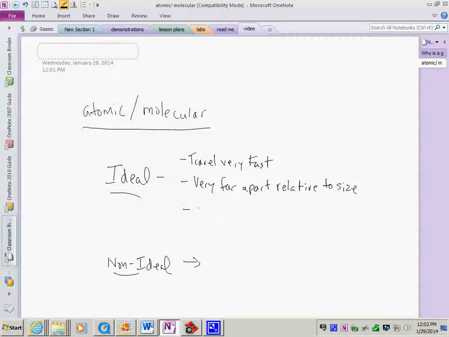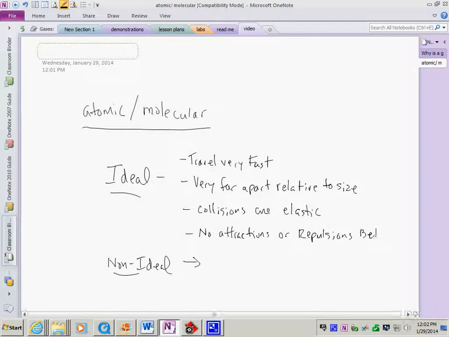Their collisions are elastic. There are no attractions or repulsions between particles.